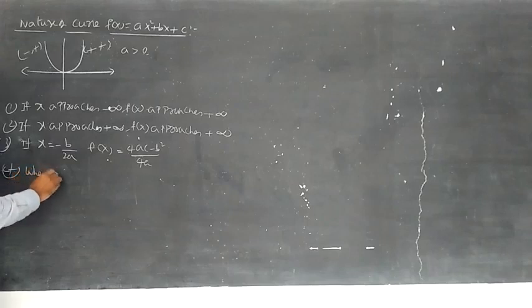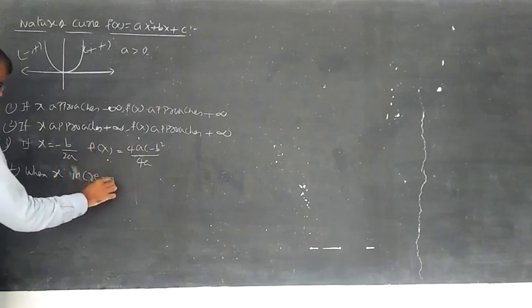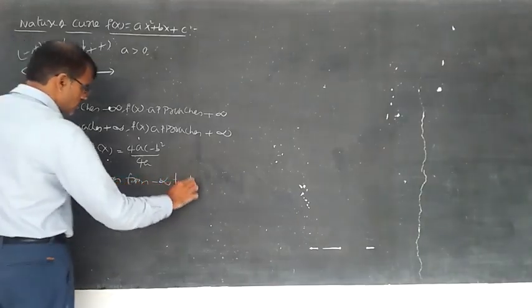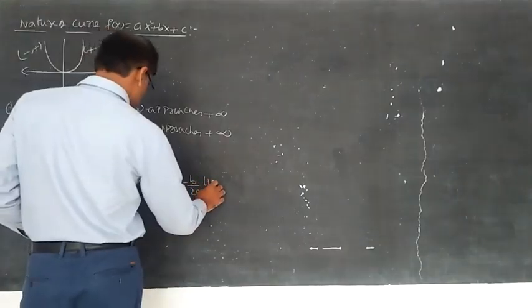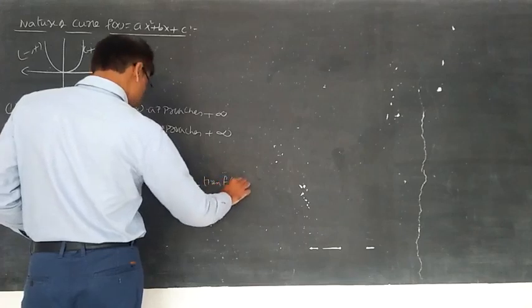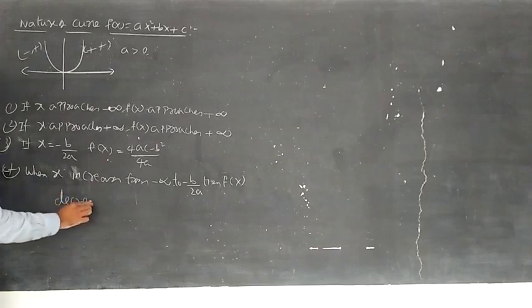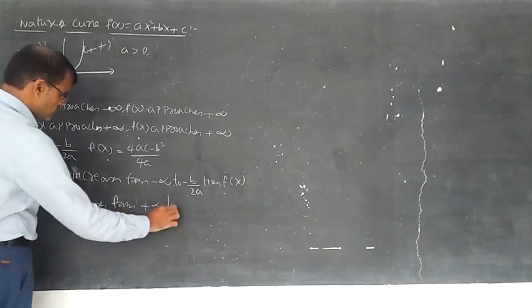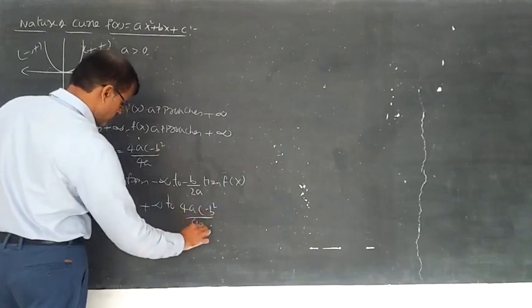When x increases from minus infinity to minus b by 2a, then f of x decreases from plus infinity to 4ac minus b square by 4a.